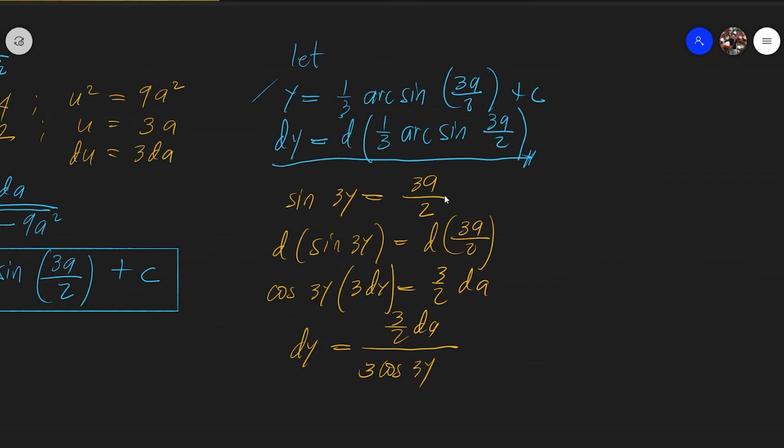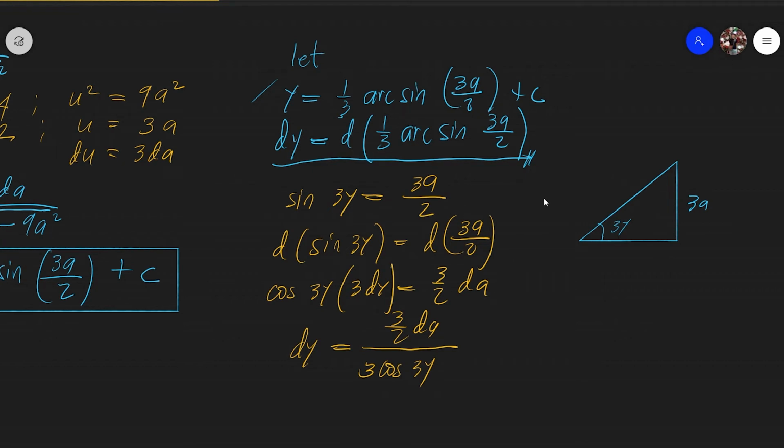Now, using this equation, you can draw a right triangle. This angle right here is your 3y. According to this equation, sine 3y is equal to 3a over 2. Since it is sine, your 3a is the opposite side and your 2 is the hypotenuse. So this is 3a, the opposite side of the angle 3y, and the hypotenuse is 2.